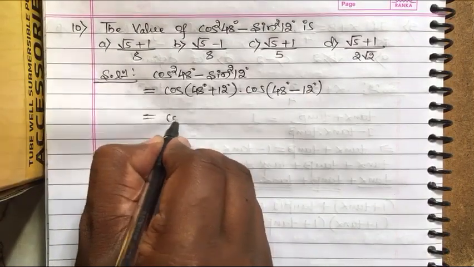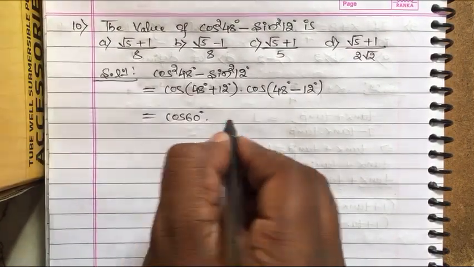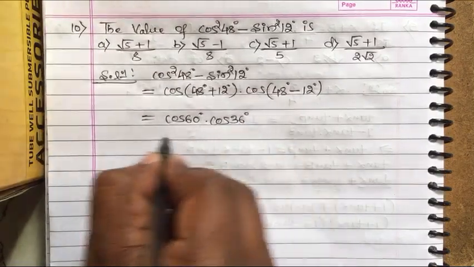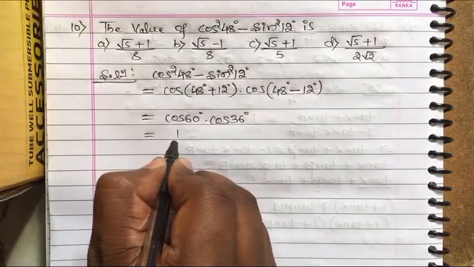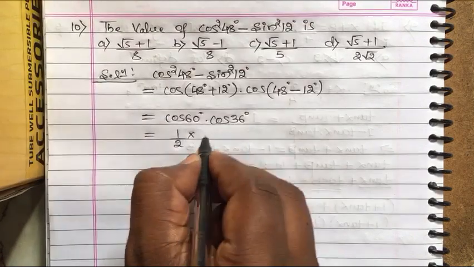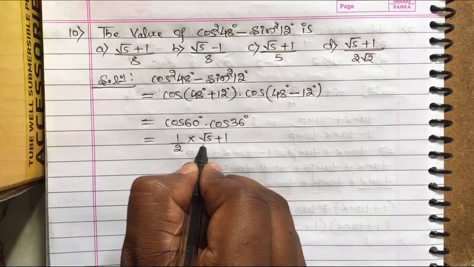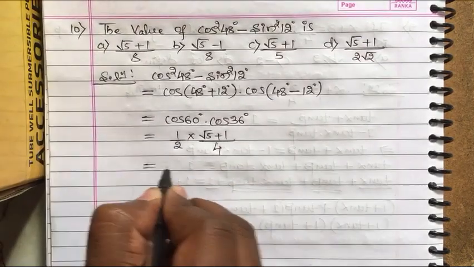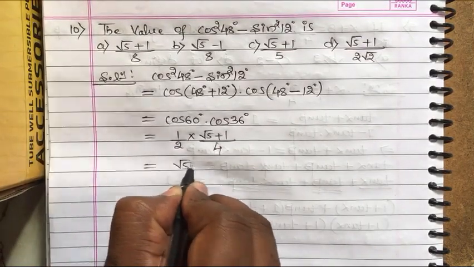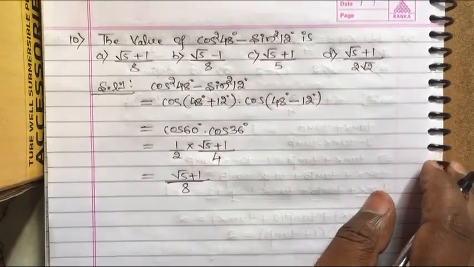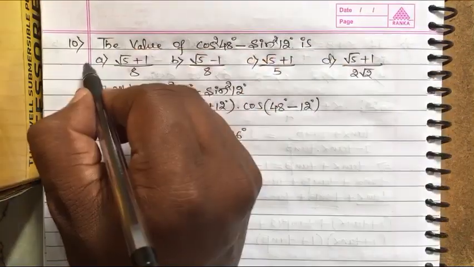So here this becomes cos 60 degree, and 48 minus 12 will be 36 degrees. Cos 60 degree is 1 by 2, whereas cos 36 degree is root 5 plus 1 divided by 4. So root 5 plus 1, 2 into 4 it is 8. So this is the required answer. So it is the option A.